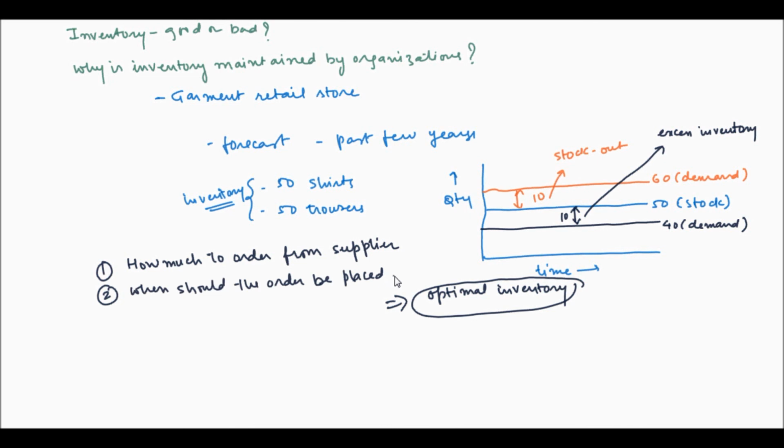Because if you have inventory and you go ahead and order another lot from the supplier, then you will have excess inventory for a certain period of time. So when should the order be placed and how much to order from the supplier? Now there are various inventory management models that can help in answering these questions, which we will see in the subsequent videos.